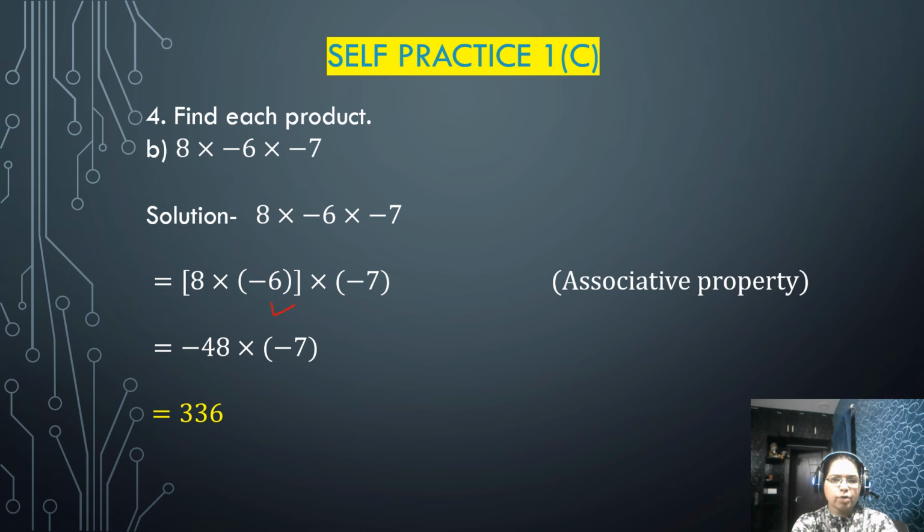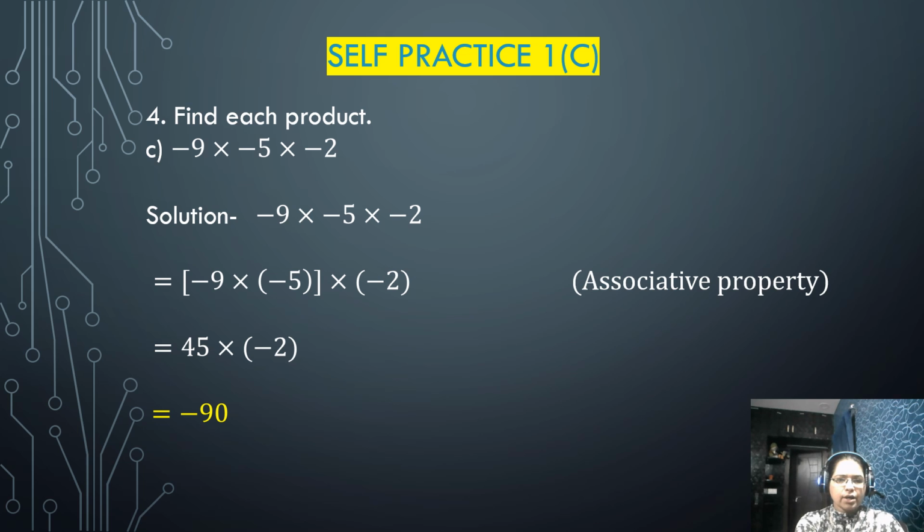And then we multiply minus 48 with minus 7. Both are negative integers, so the multiplication of negative integer with negative integer gives a positive integer. So minus 48 multiplied with minus 7 is 336. So 8 multiplied with minus 6 multiplied with minus 7, we get 336.